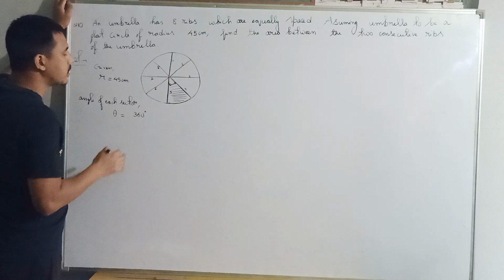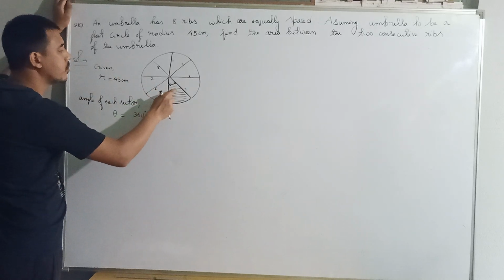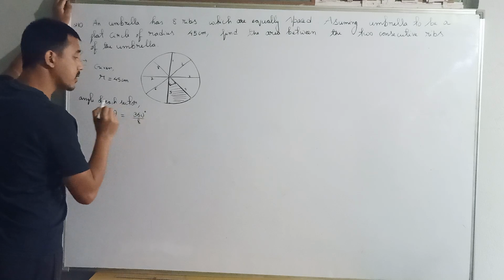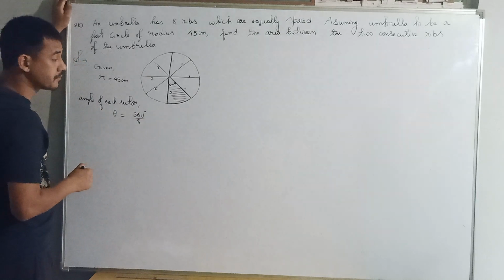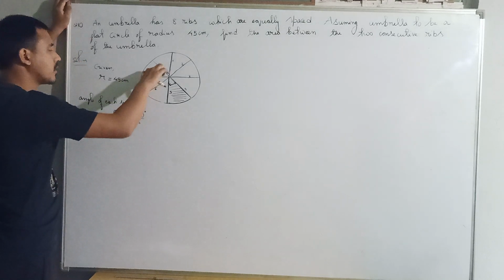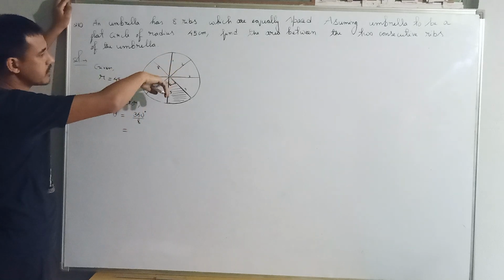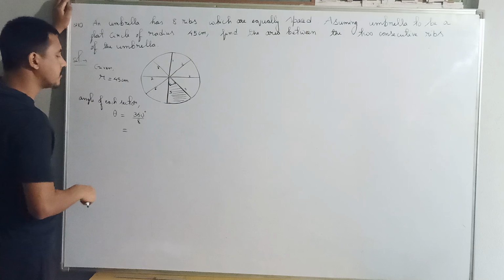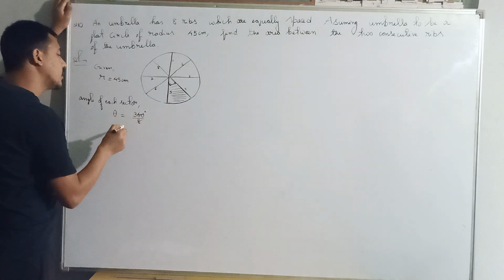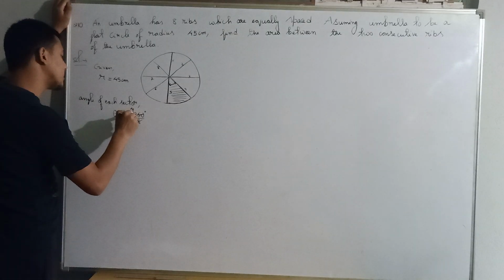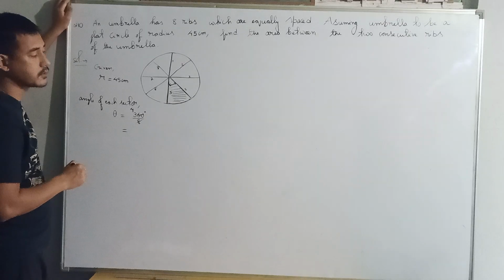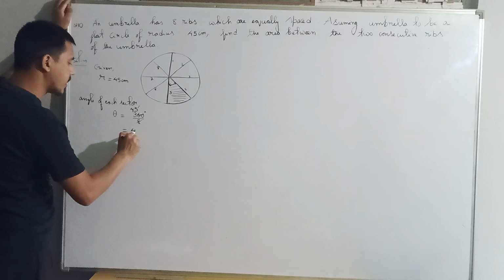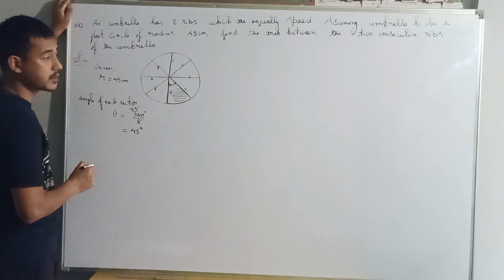And the circle has been divided into 8 regions. So 360 divided by 8 will give you the angle of each sector. So 8, 4 times is 32. 4 in hand, so 40. 8, 5 times is 40. So the angle of the sector is 45 degrees.